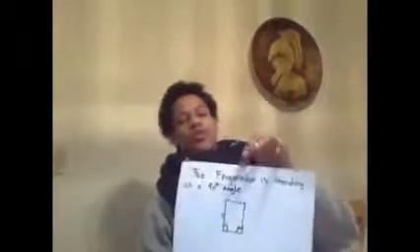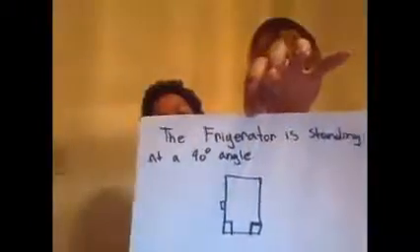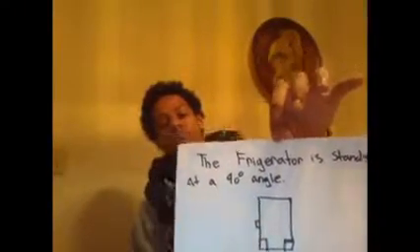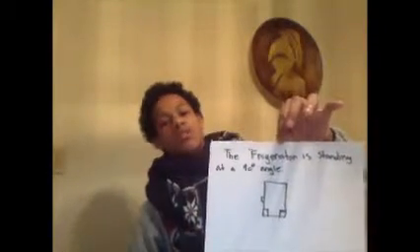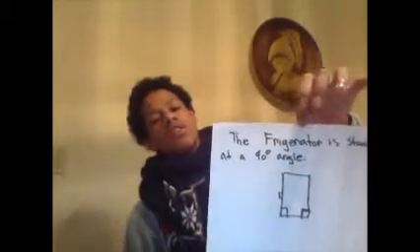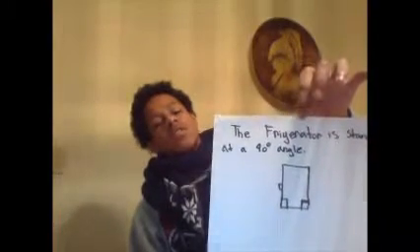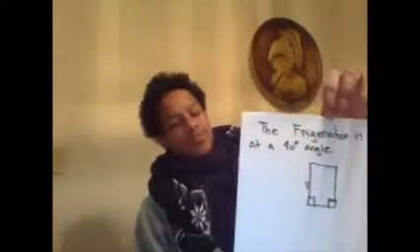But here's another thing Billy knows: the refrigerator is at 90 degrees because it's a quad. It has 360 degrees, and all corners are 90 degrees. So it is standing at 90 degrees.